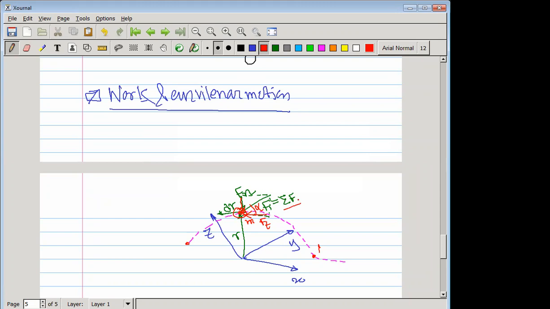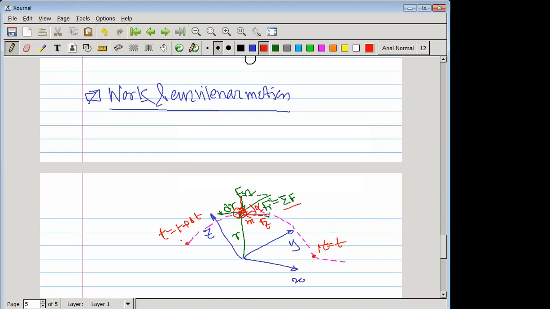The position of m is specified by r, the position vector. Consider the time is t when the particle is at 1, and when it comes to another position the time is t plus del t. So within del t, it changes its position and comes to another point.